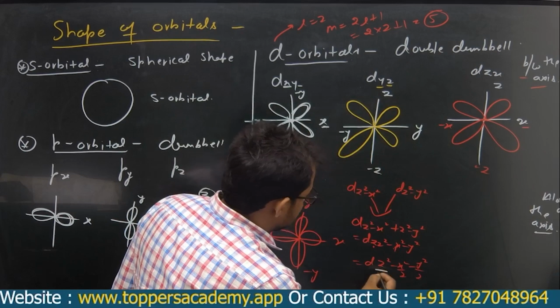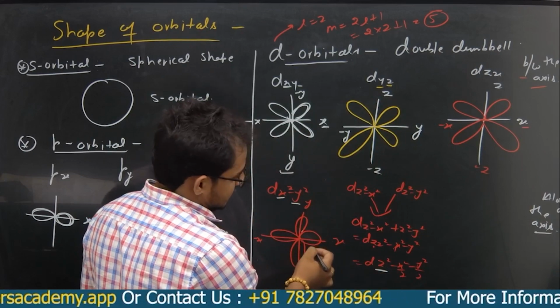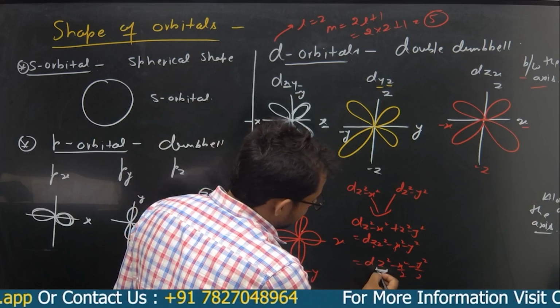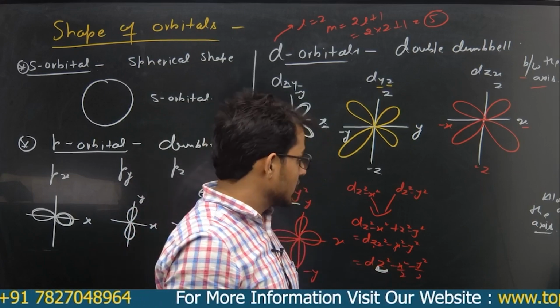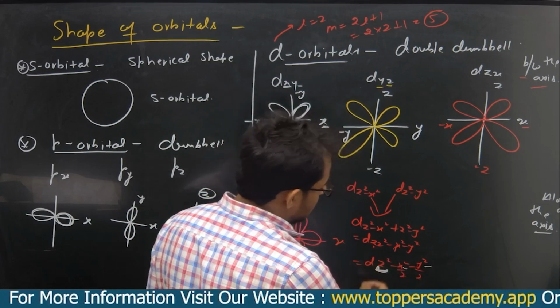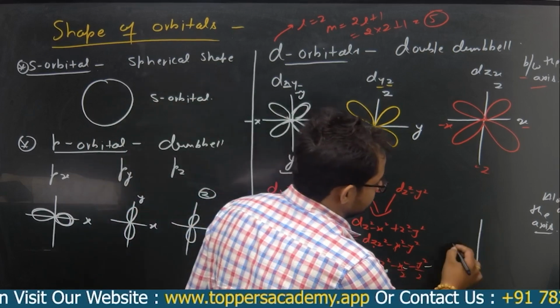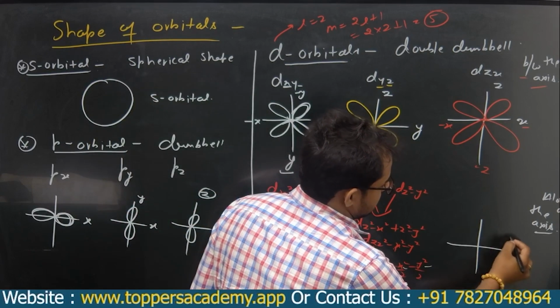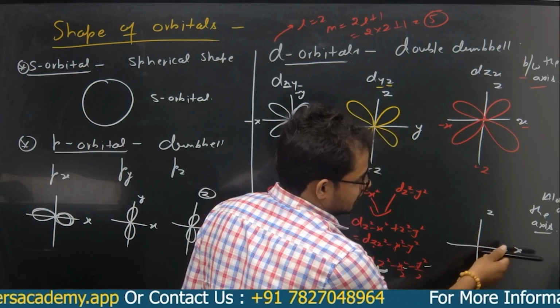Z square, it was a square, so we draw it on the axis, as it is z square, x square, y square. Suppose it is x, it is z, and somewhere there will be the y axis, right? X, z, y.